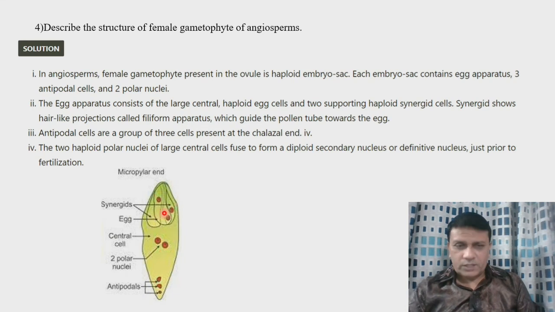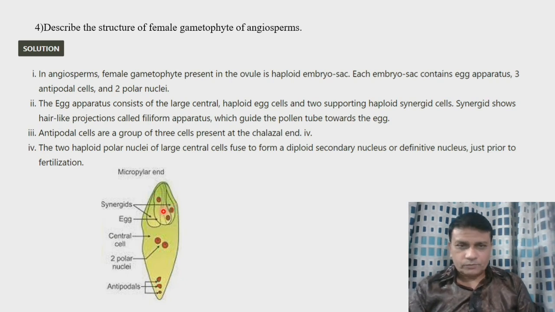Now here we can see at the center, the large cell is haploid egg cell, or it is called as female gamete, and it shows two lateral synergids, and these lateral synergids contain hair-like projections called as filiform apparatus. Now the role of filiform apparatus is to guide the pollen tube towards the egg for the process of fertilization.